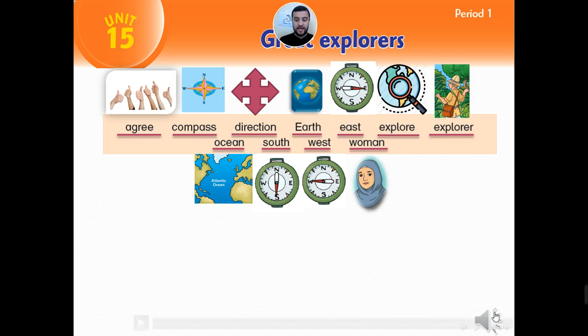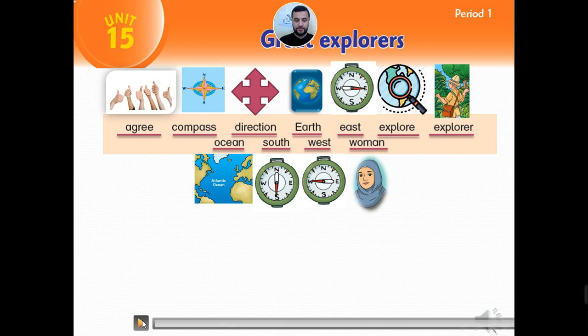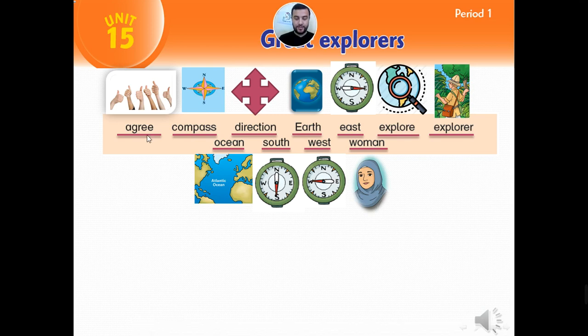These are our new vocab, 11 words. Let's listen and repeat. Agree. Compass. Direction. Earth. East.